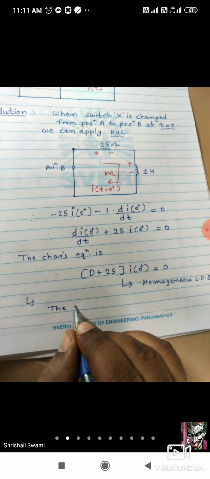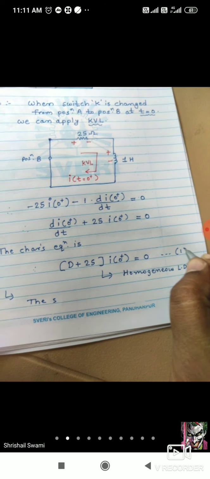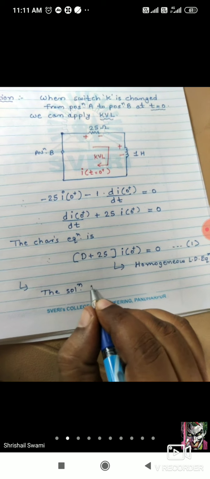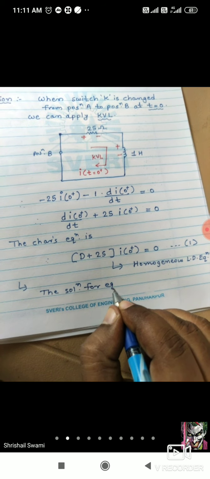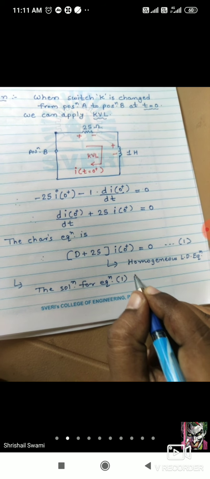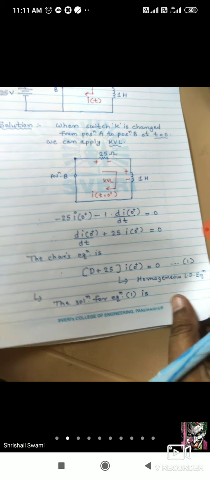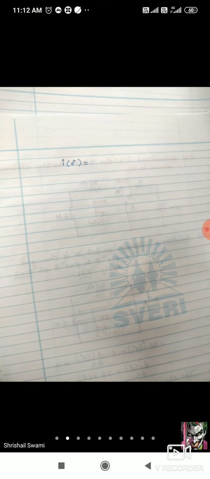Therefore the solution, I will call it equation 1. The solution for equation 1 is, that is I of 0 plus is equal to, only it consists of the complementary function.